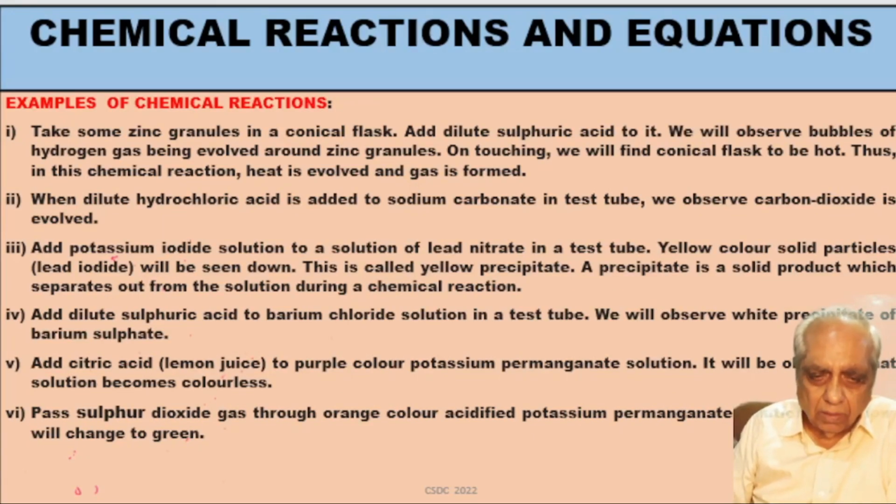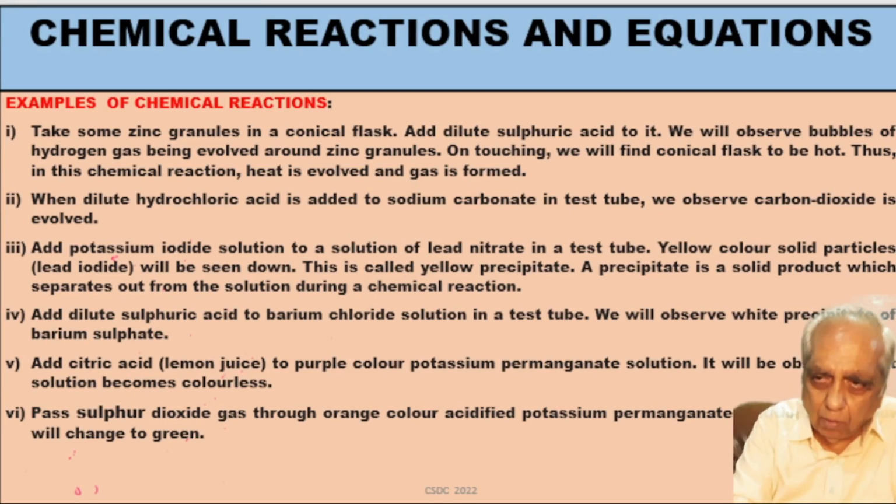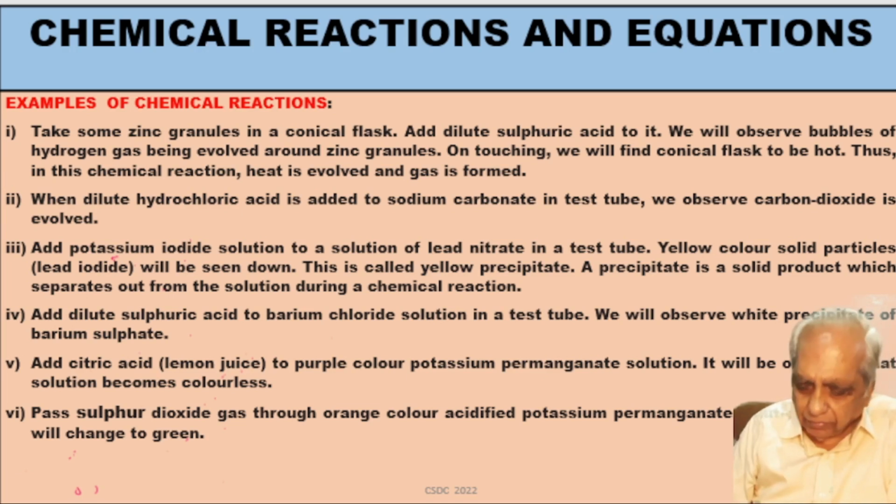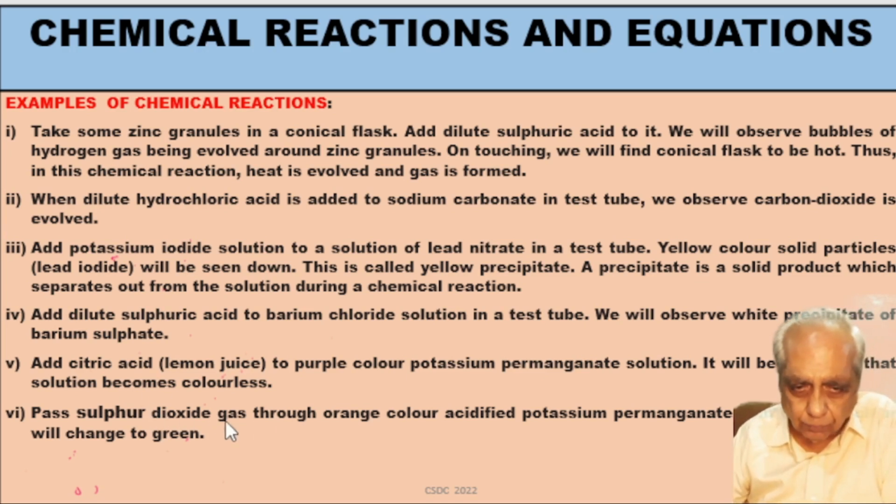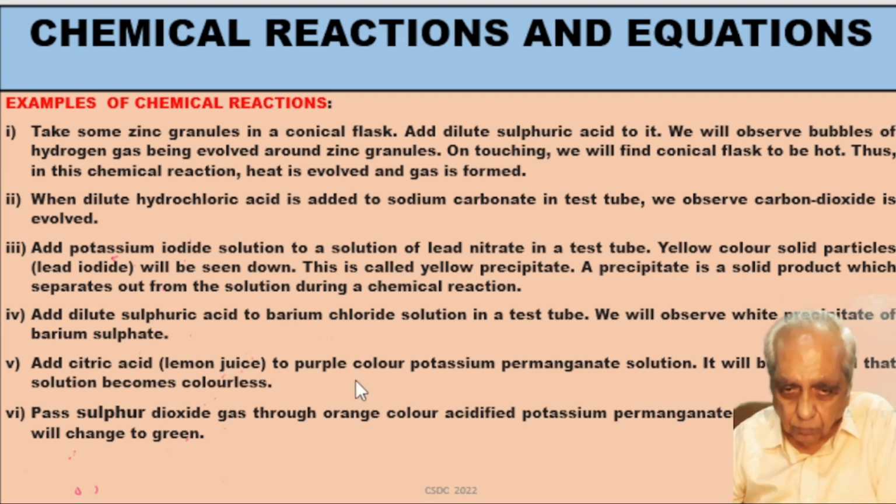Now I will show you the various changes that take place during a chemical reaction with the help of a few examples. My first example is that you take some zinc granules in a conical flask. You know what a conical flask is?